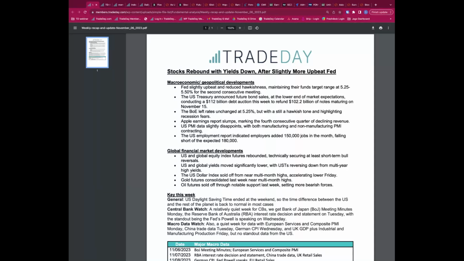Okay, but we also don't really want jobs being above that expectation. We didn't want a number coming in up at 250, because then it means the jobs market is still very tight. A tight job market means upward pressure on wages. Upward pressure on wages then equals upward pressure on prices. A tight job market also means that people are secure in their jobs.